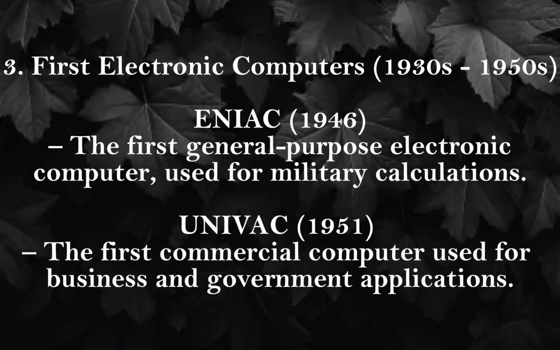It was the start of the 1900s era, with ENIAC, the first general-purpose electronic computer, used for military calculations. And UNIVAC in 1951 was the first commercial computer, used for business and government applications. So two types of computers were invented at that time: one for military purposes, and the other for business and government applications, which were used by civilians.